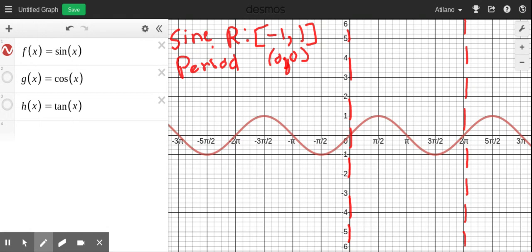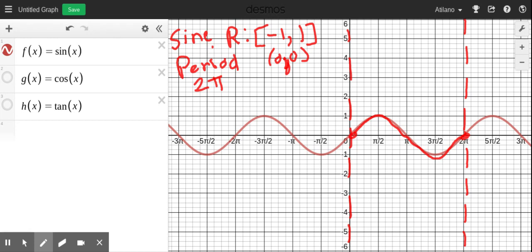So I would say the period for sine is 2 pi. During that time, the graph goes from 0, 0, it reaches its maximum, it decreases until it hits its minimum, then it continues to increase until it's right back to 0, 0. So that is one complete cycle for the sine graph, which is why we, I guess, call it the period of the sine graph, because it completes a cycle in that span of time.